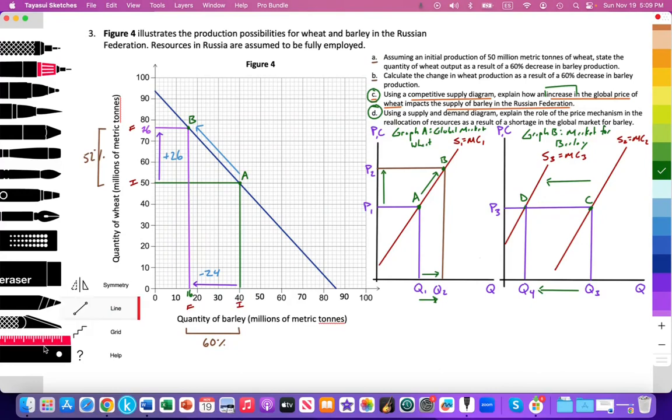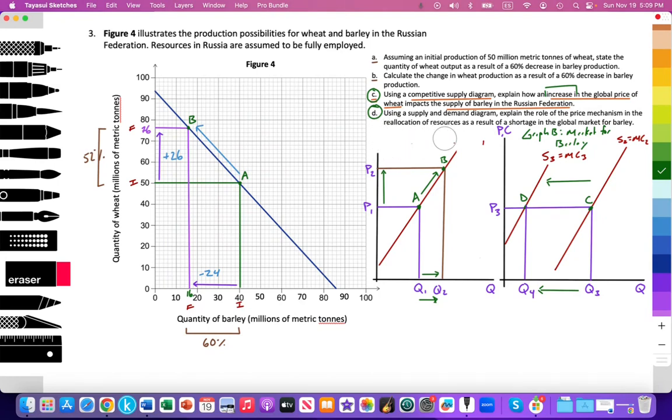Okay, so let's go over your work. So for this question, I'm going to take out this model. All right, so the price of wheat is going up, which leads to a decrease in the supply curve of barley.